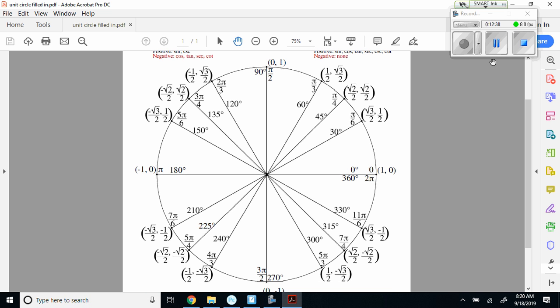Look at the coordinate plane, folks. Look at the x values on the coordinate plane. You're in quadrant 2. What are the signs for x in quadrant 2? Negative. So therefore the x values have to be negative, right?